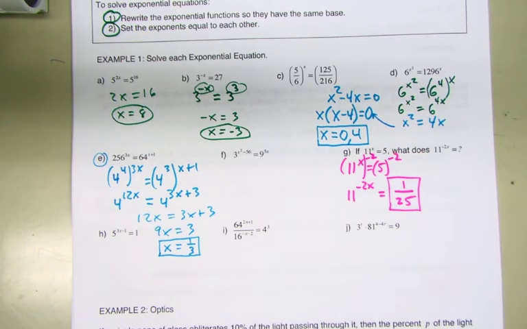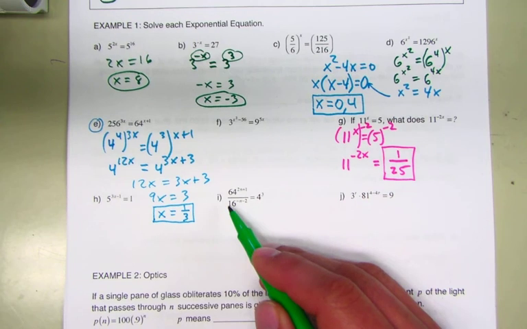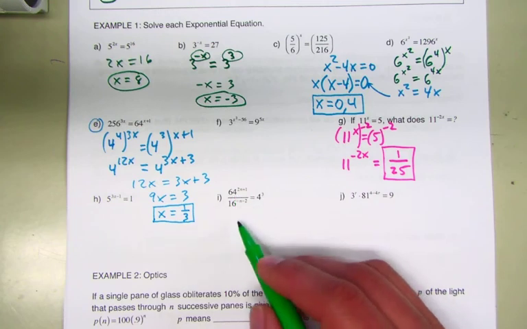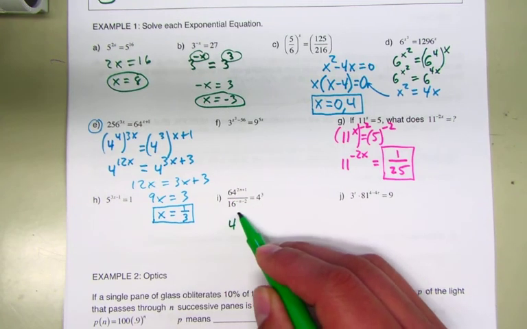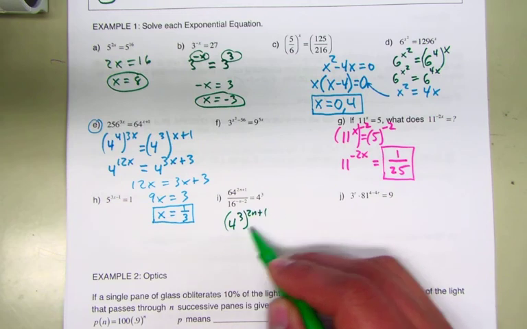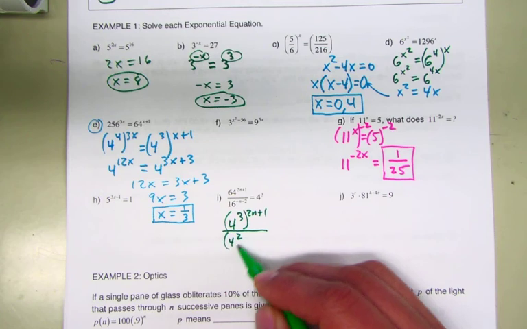Let's look at I real quick. Boy, aren't they nice with this one? I mean, if you don't know what base to try, I hope you would look at this and go, I probably want to work with base 4 to see if that works, right? 64 is 4 to the 3rd, so change that up. Leave the 2n plus 1 on the outside. 16 is 4 squared.